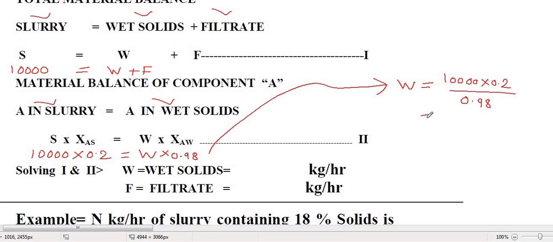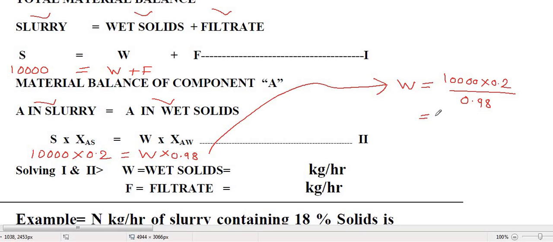So what will you get here? 10,000 into 0.2 divided by 0.98. Please operate the calculator and find out the value. How much are you getting the value of W here?